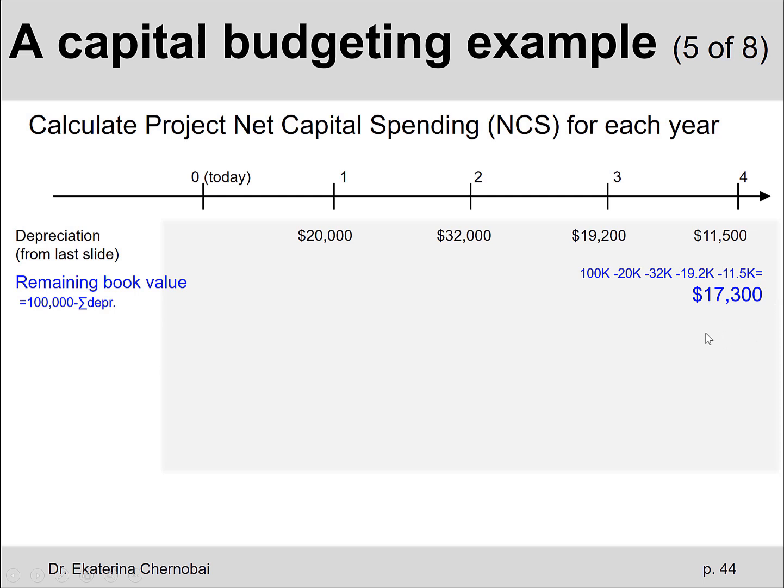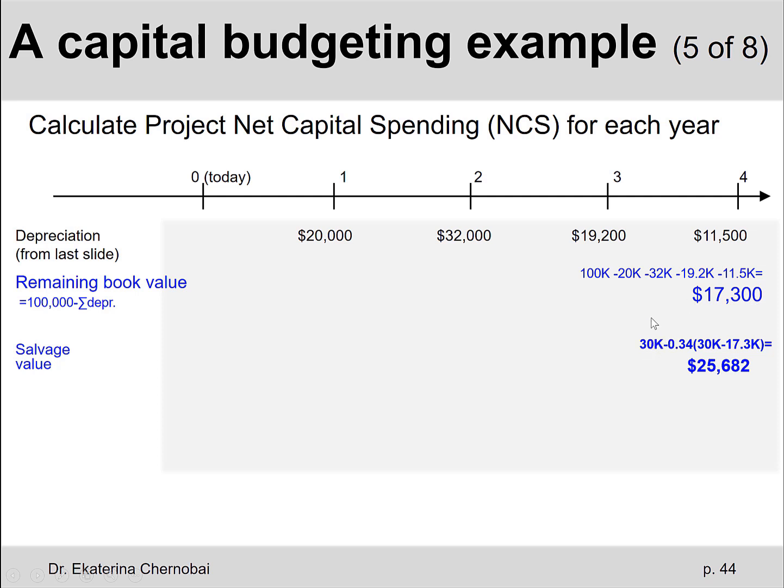The sales proceeds. Except even though we are selling the equipment for $30,000, which was given, this is not necessarily how much we'll get to put in our pocket. So what's happening in this problem is something that is going to be worth $17,300 is estimated to sell for significantly more money, $30,000.